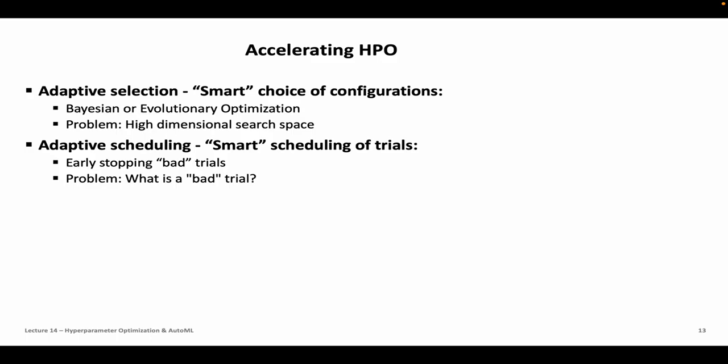And this means that you stop trials with bad performance and instead use the computing resources for trials with better performance. And the main problem we have here, of course, is how do I decide which trial is a bad trial and which trial is a good trial when I don't have much information about the problem available.